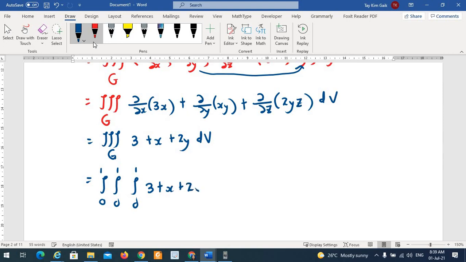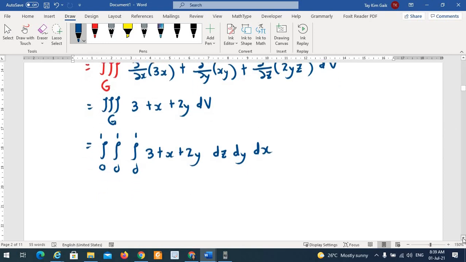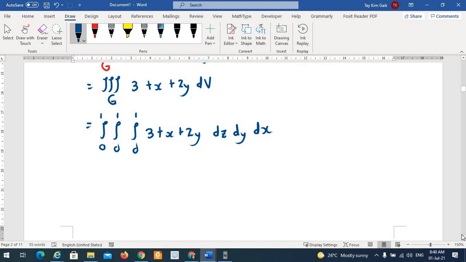Plus 2y dz dy dx. So you integrate with respect to z first.